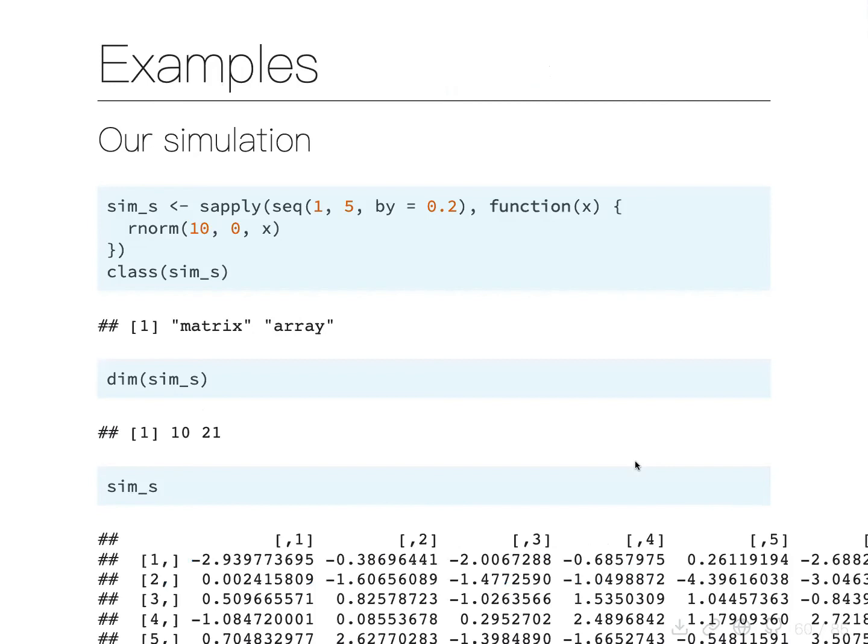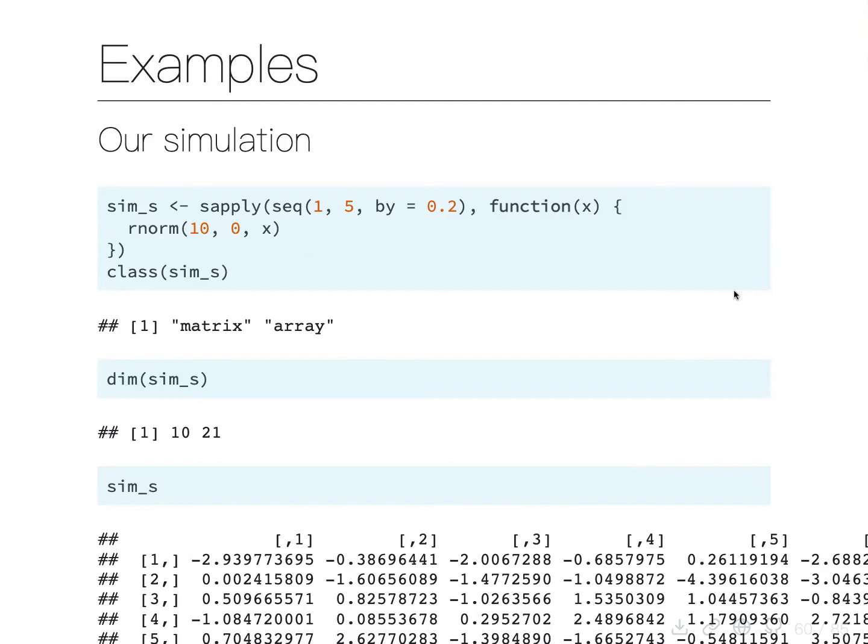All right, a couple of examples. This is the exact same simulation we've done a bunch of times now, right? 10 observations from a random normal distribution with a mean of 0 and a standard deviation of x, where x is these increments from 1 to 5 by 0.2.